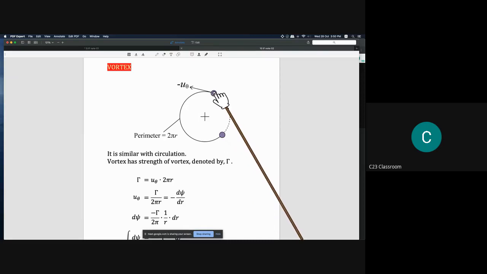In this situation, we assume that there is no velocity of r here, because if the velocity of r exists, the molecule will rotate larger and larger because there is an increment of radius. Because the molecule will rotate at the same radius all the time, we assume that the velocity is only u theta. And because it is counterclockwise, we assume that we have a negative sign here.